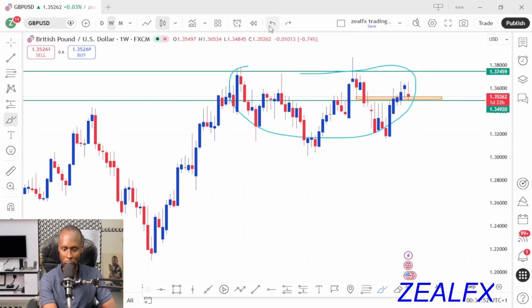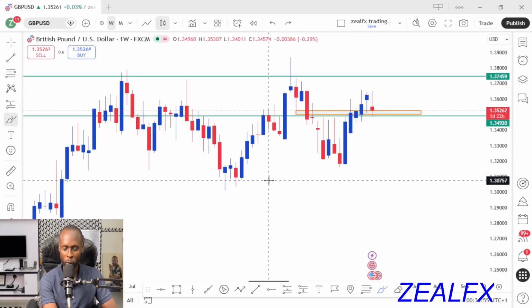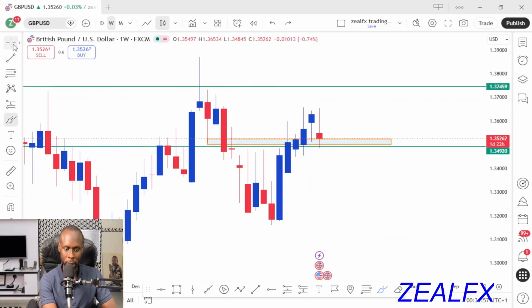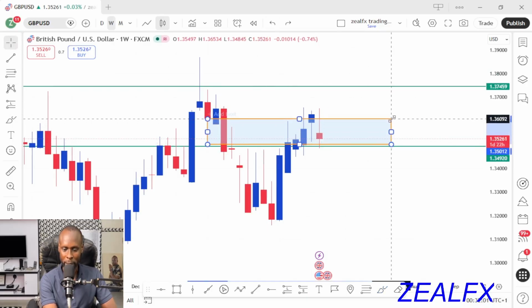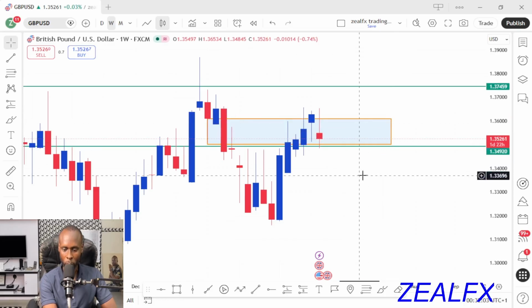But now we have price converting this particular support level. You can see price converted this particular resistance level into a support level. So long as price converts this particular resistance into a support level, we need to look out for our major buying opportunity from this particular support level on the weekly time frame.